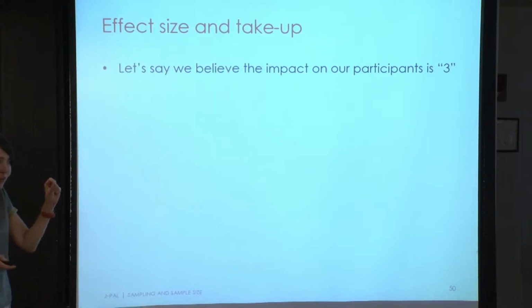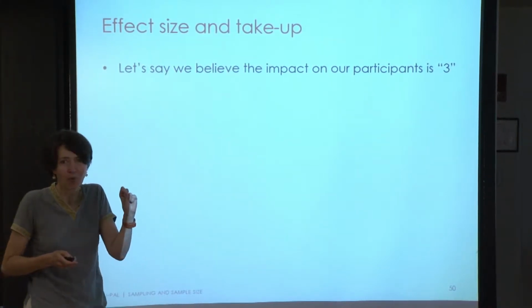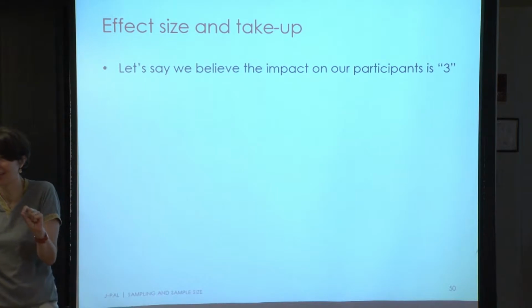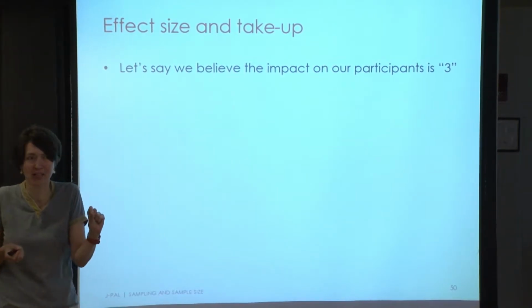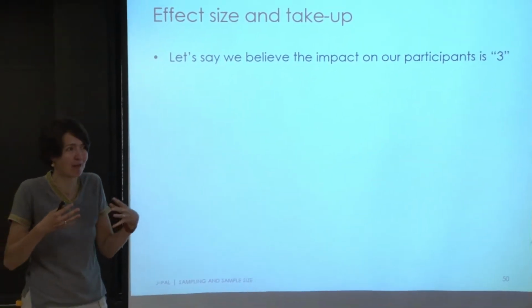Now let's just focus on effect size a little bit more. When we're talking about effect size, we're talking about the average effect size in all our sample. Well, what if not many people take up the program? That's going to dilute the average effect size.